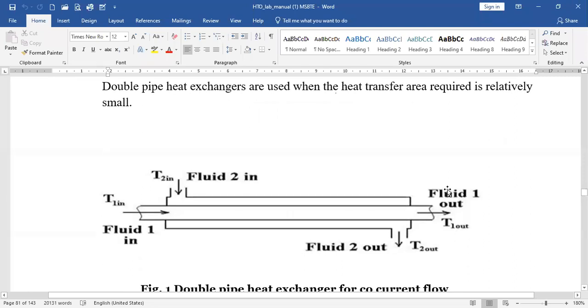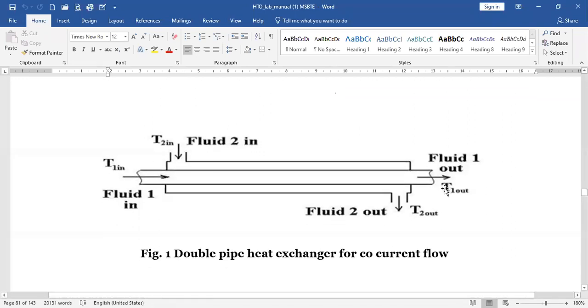From this diagram, we can understand what exactly the double pipe heat exchanger is. This schematic diagram clearly indicates that these are the two concentric pipes. Concentric pipe means having the same center. So in the inner pipe there is a fluid 1, and in the outer pipe there is a fluid 2.